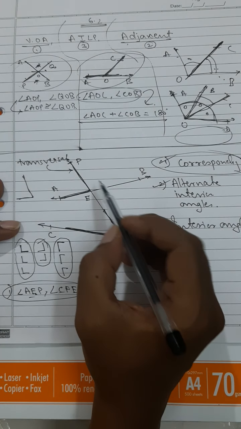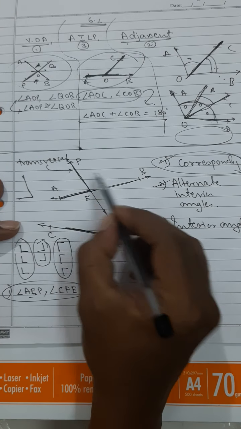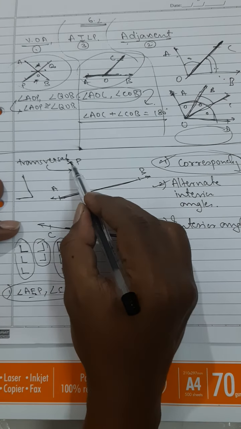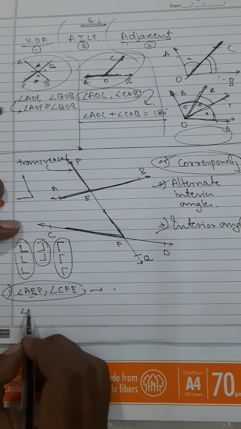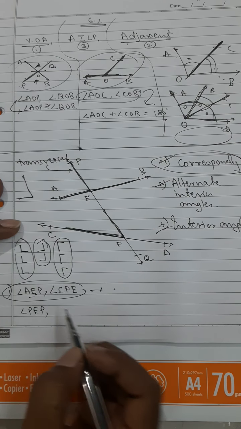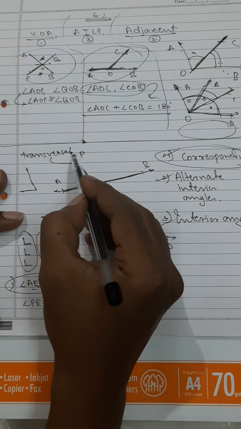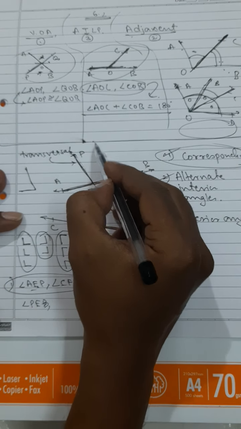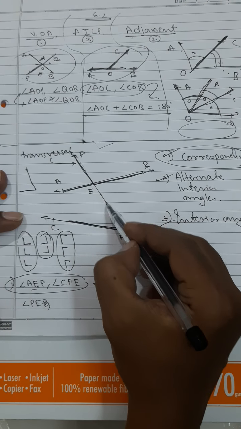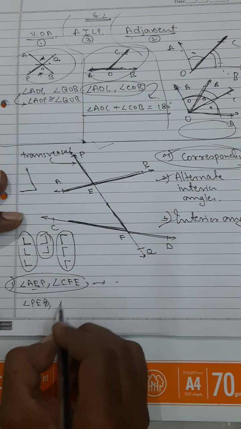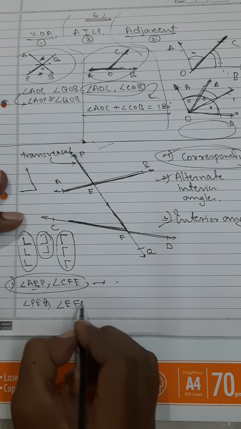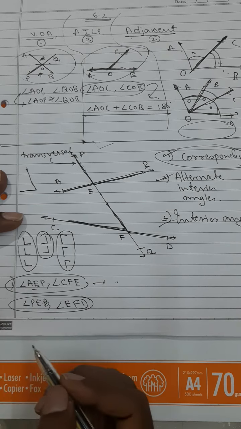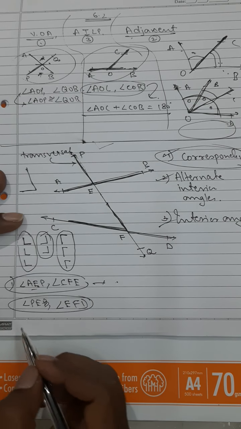Similarly, if I go to angle PEB, angle PEB will be corresponding to what? Now see, this is traveling like an L. The other L will be this EFD. They will be corresponding to each other. Are you getting?